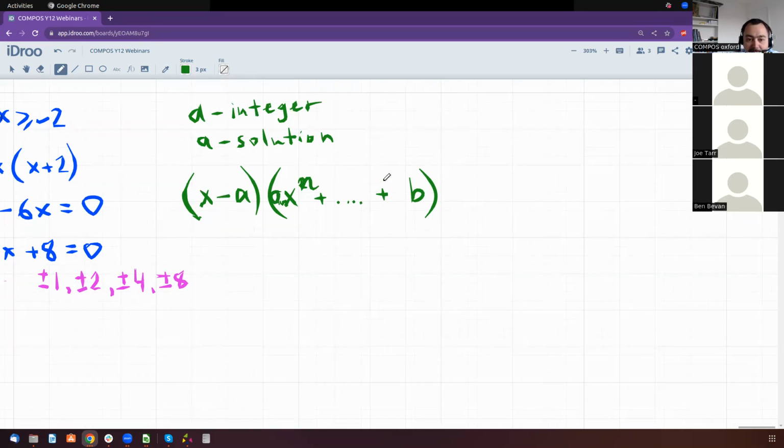If you expand this expression, the final term would be something plus something plus something, minus ab. So assuming b is an integer and a is an integer, that means this integer is divisible by a.